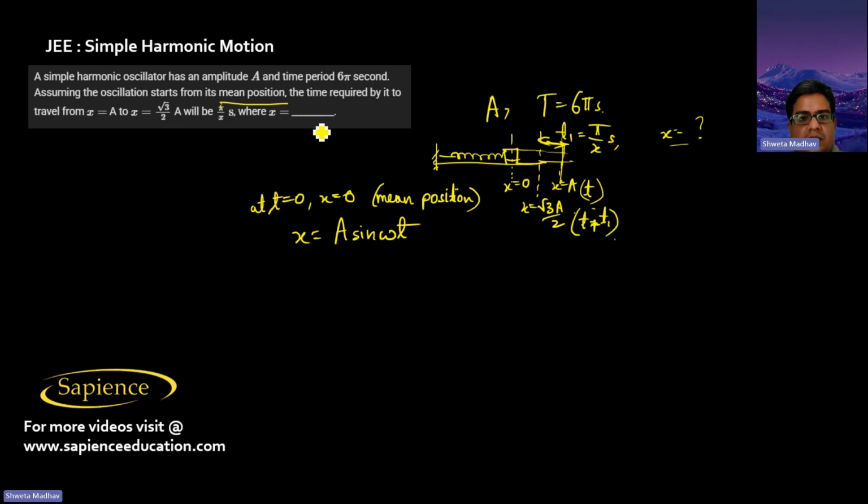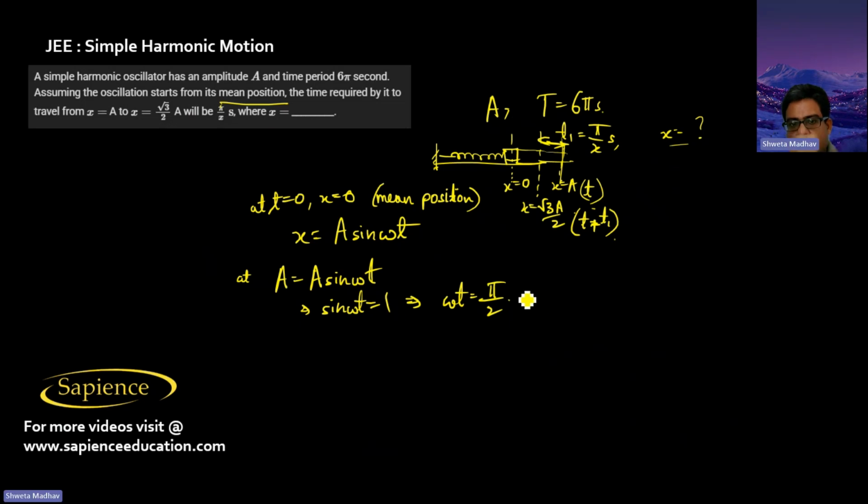Since it is told that the time required to travel from x equal to a to x equal to root 3a by 2 is pi by x seconds, so t1 has been asked. So I can say a is equal to a sine omega t. Therefore sine omega t is equal to 1. So omega t should be equal to pi by 2, and sine pi by 2 is 1. So t, I can say, is equal to pi by 2 omega.